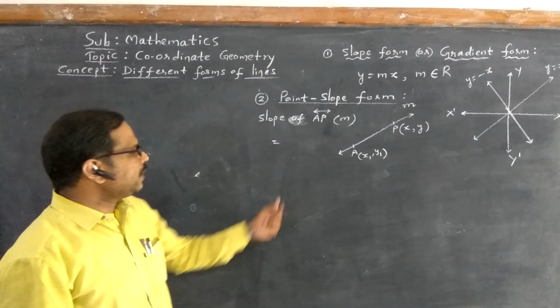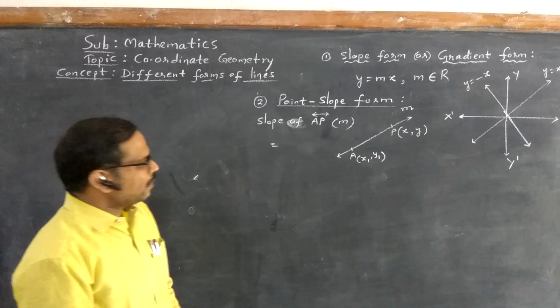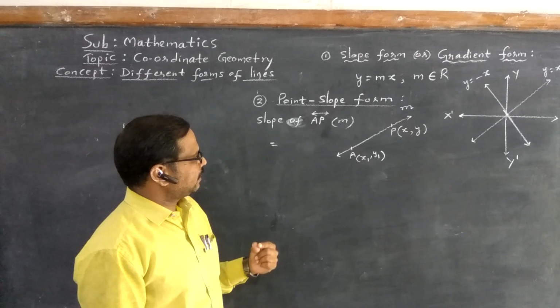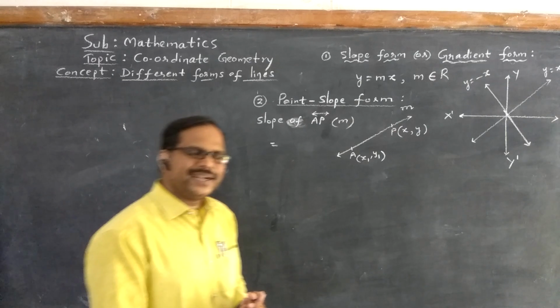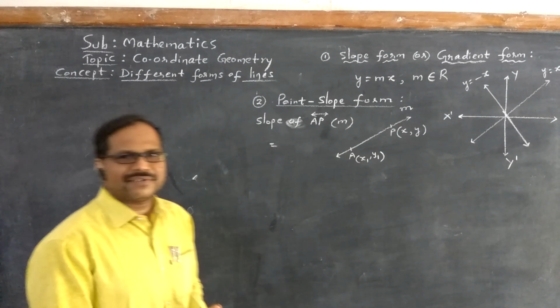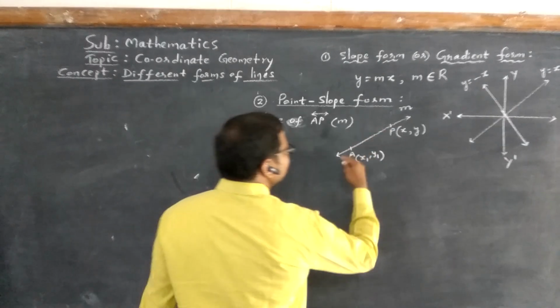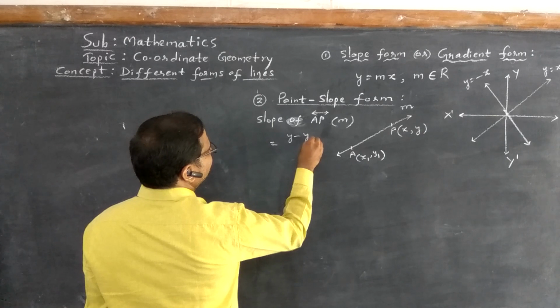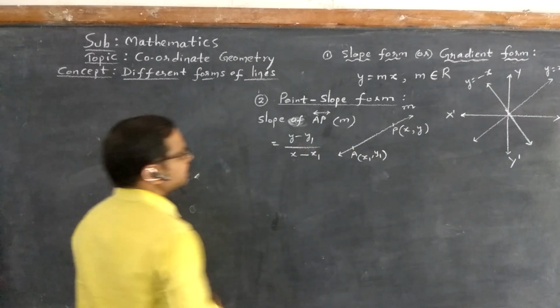Now yesterday I told you when 2 points are given, how do you find the slope? (y2 - y1)/(x2 - x1). Is it not? So find out slope of this: (y - y1)/(x - x1).